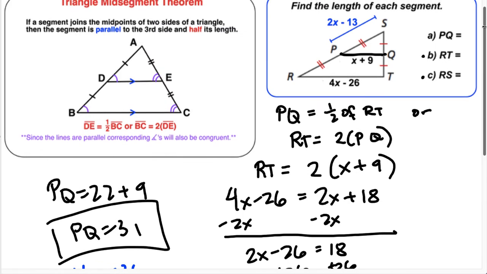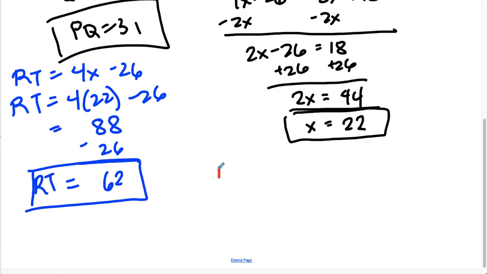Now we will show you the work for RS. So we know part of RS is 2x minus 13. If I know that that's the length of PS, and I know that RS is made up of two of these, because P is the midpoint, that means there's two of these 2x minus 13s to find the length of RS. So RS is equal to twice 2x minus 13.